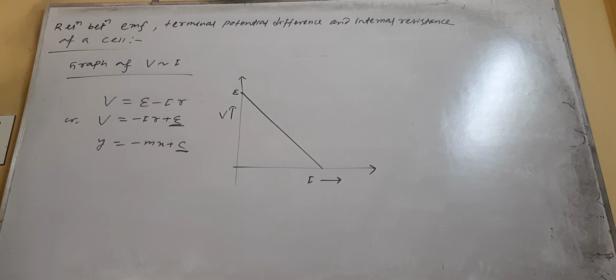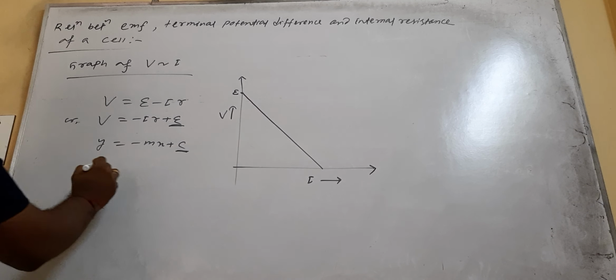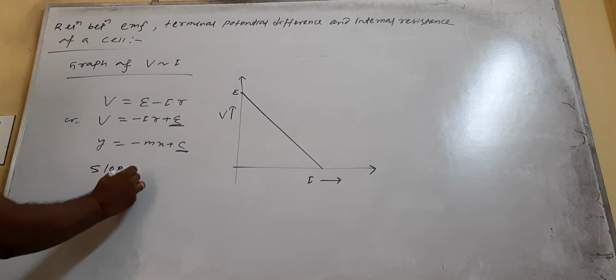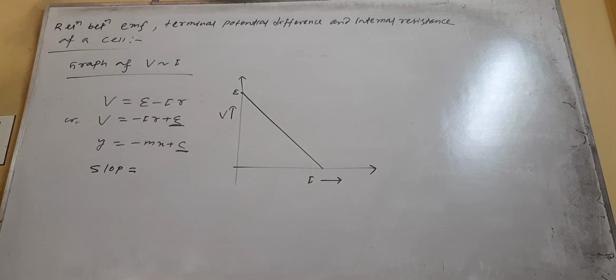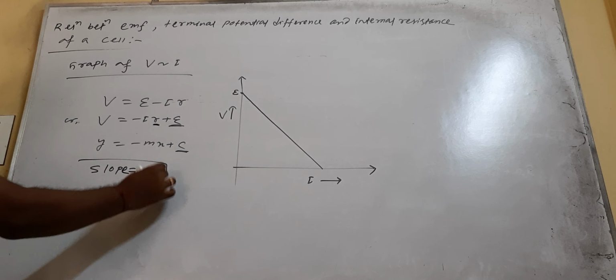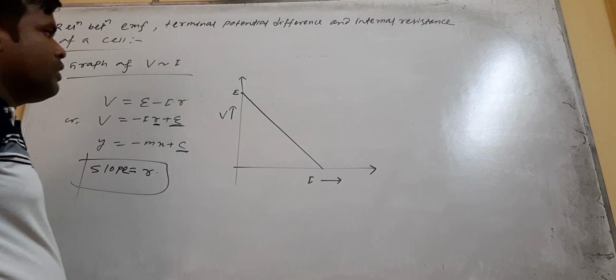So now, what is the slope? Slope is equal to r. Slope is equal to internal resistance. So let us solve one question.